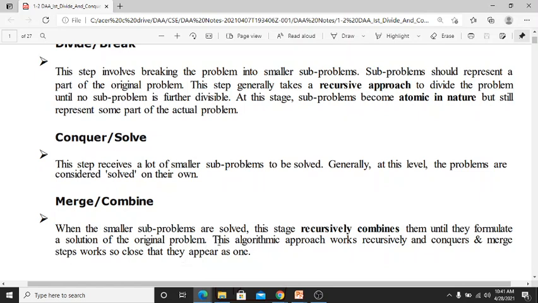This algorithmic approach works recursively on the conquer and merge steps, which work so closely that they appear as one. After dividing the sub problems, it solves those problems, and when it starts combining recursively, it will reach one big problem solved, and we will get the solution.